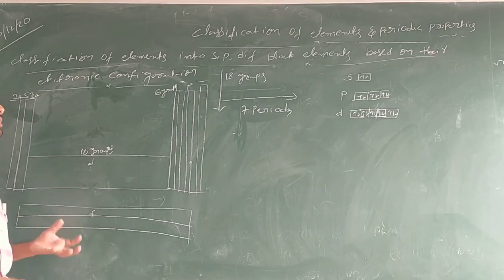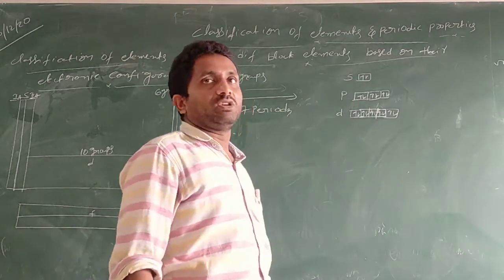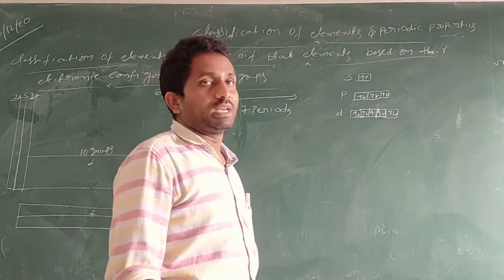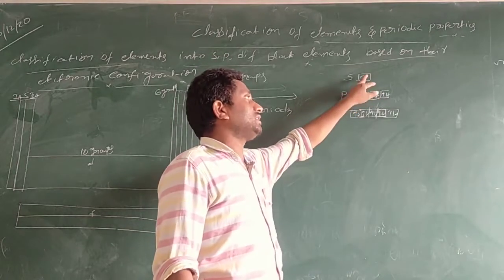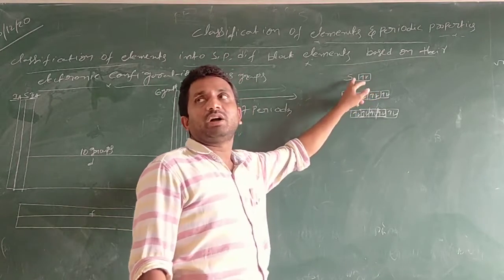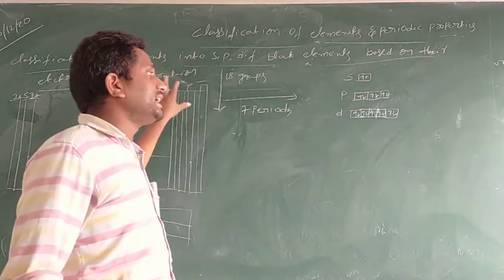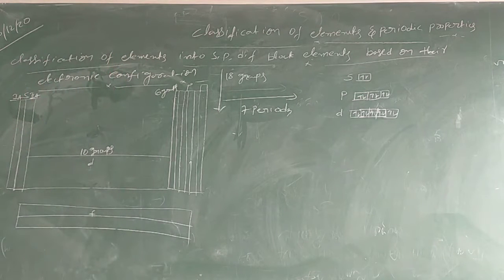These groups are divided based on the electronic configuration, the number of electrons present in the orbitals. S block consists of 2 groups, P block 6 groups, and D block 10 groups. First A and second A groups belong to S block elements.